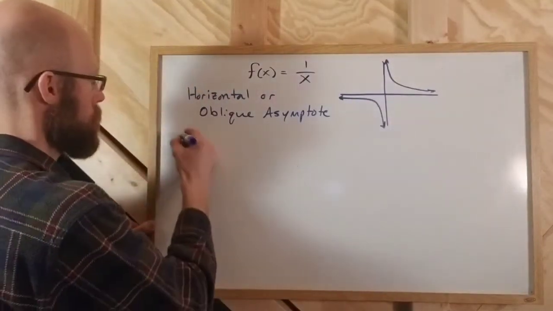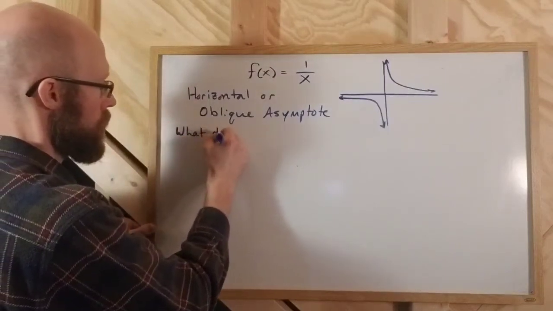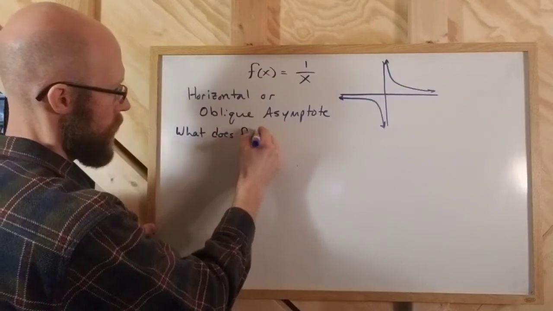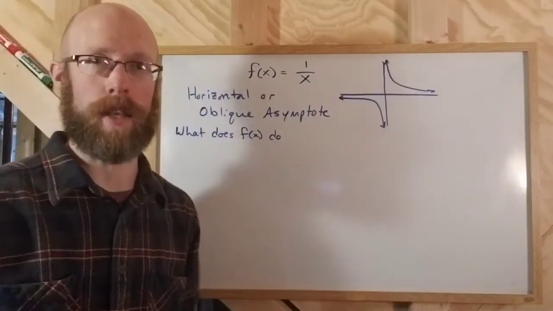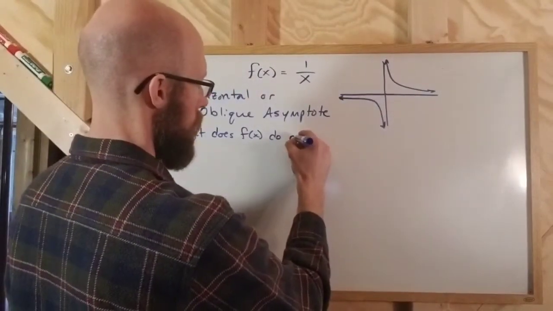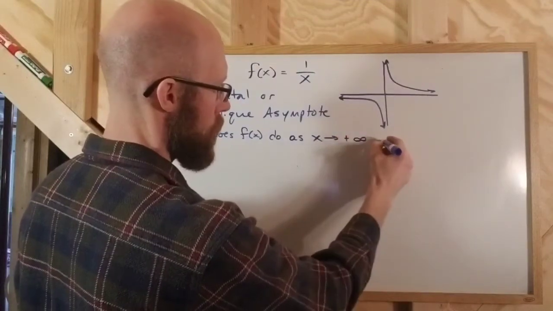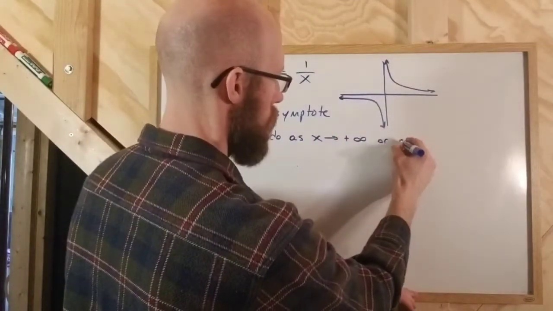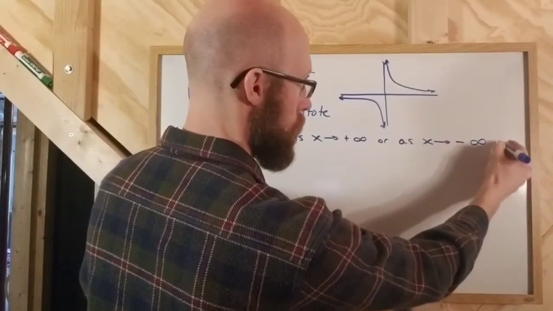So I would say, what does f of x do? I'm asking a question here when we're analyzing the asymptote. What does f of x do as x approaches positive infinity or as x approaches negative infinity?